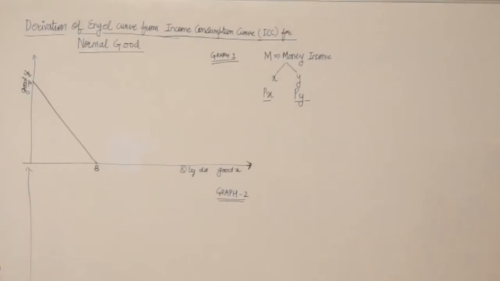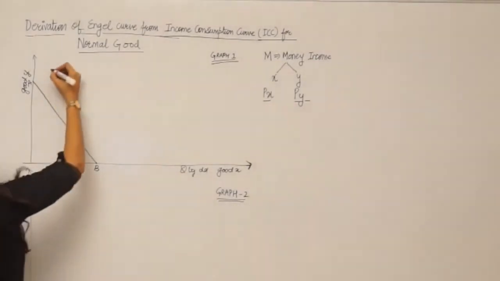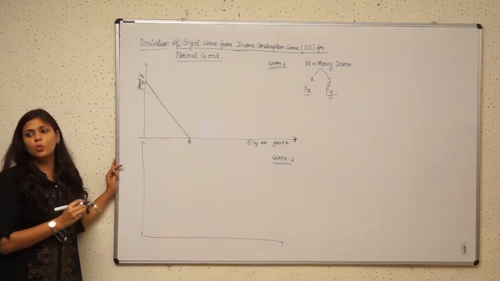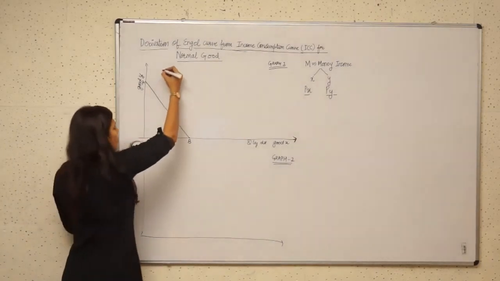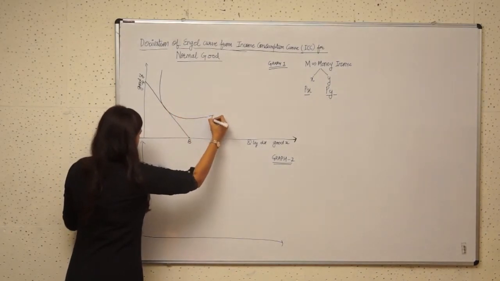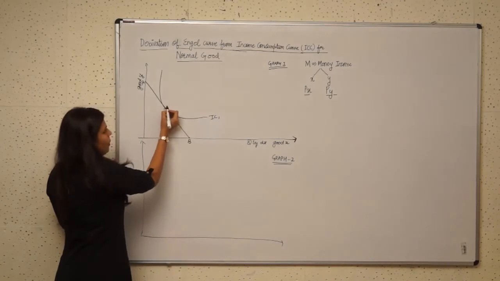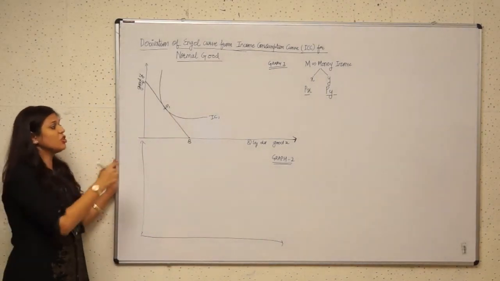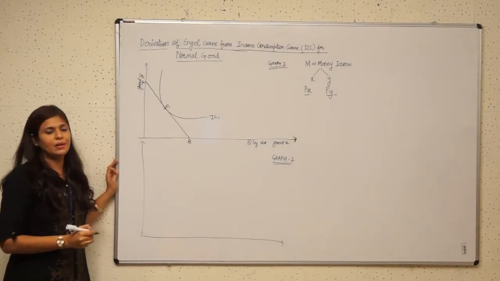Now we are going to draw a consumer equilibrium on the budget line AB. We know the consumer is in equilibrium at a point where IC is tangential to the budget line. So the consumer would be in equilibrium at point E1 where IC1 is tangential to the budget line AB.